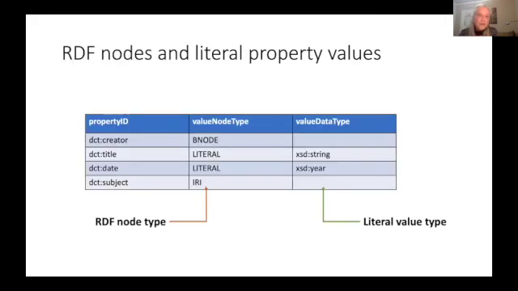Now, because we've thought about this in terms of RDF, there were some particular elements that we wanted to add in order to accommodate RDF and being very careful to be compatible with the RDF standard. RDF has node types, and those are B nodes, literals, and IRIs. And there are times when you want to define what your node type is for whatever purpose in your metadata, and especially for validation.